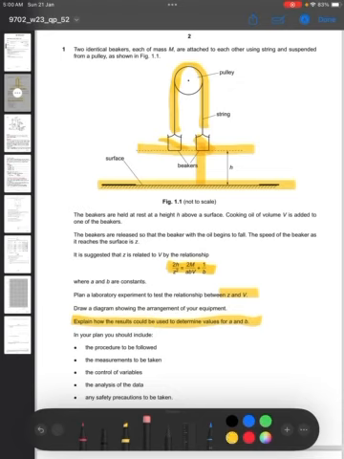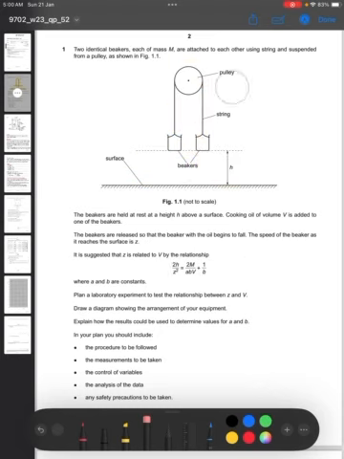So ultimately we need to explain how our results will be used to determine A and B. A and B are part of this equation. So we will need to show that from the experiment of V, having done the experiment and the analysis, how we are going to be able to determine A and B.